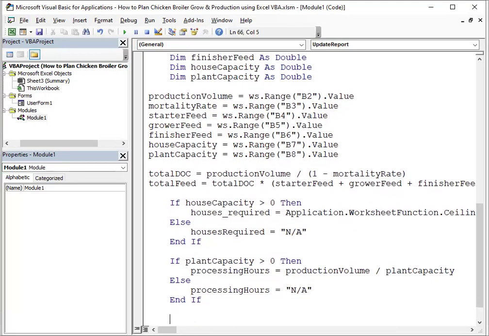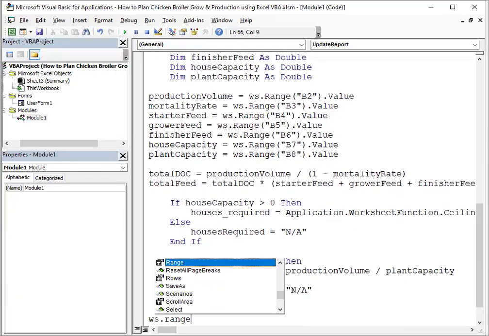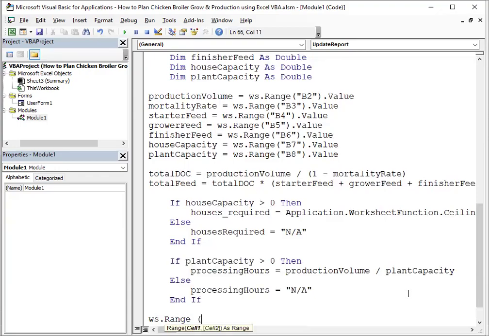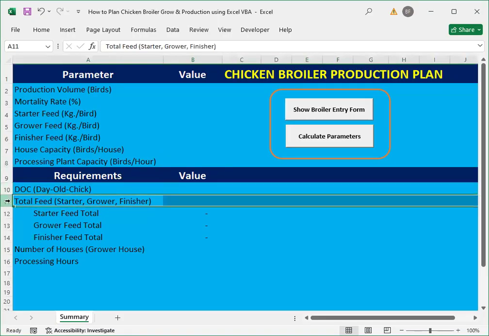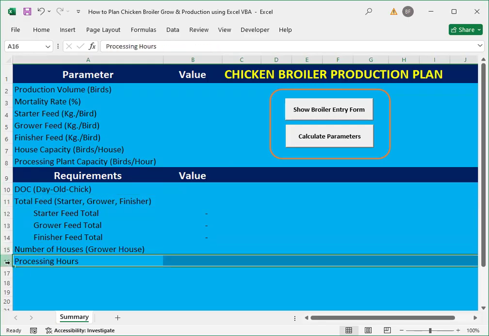Then next, we're gonna update the worksheet by ws.range. This would be B10, B11, B15, and B16. Here in Excel, it would be B10, B11, B15, and B16.